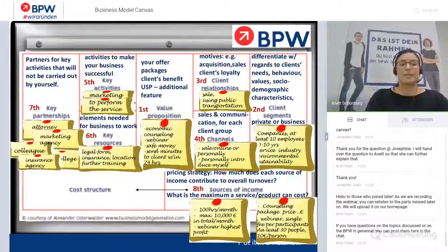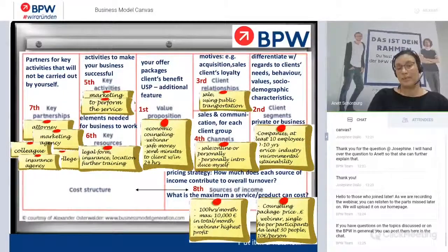The sources of income may be transactions from a single client contract or can be repeat payments. Additional sources for covering the financing include financing from family and friends, bank loans, fundings, which may be for investments or as working capital in the beginning.